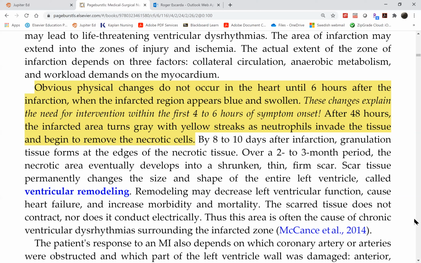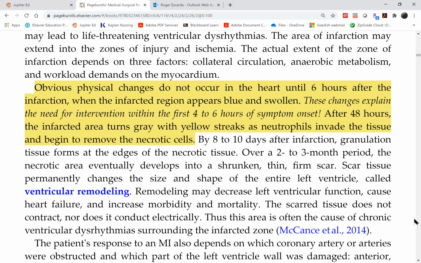So let's begin with the few hours after the infarction. Remember, we're talking about an infarction here. Tissues die, so they won't form scar tissue until they heal. Now, I'm not saying that the heart will heal as in go back to normal. No, because the dead tissue is dead.